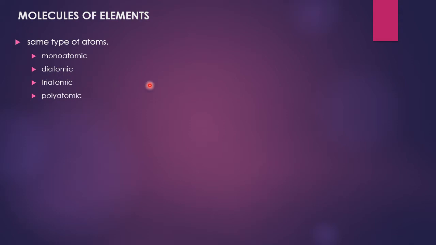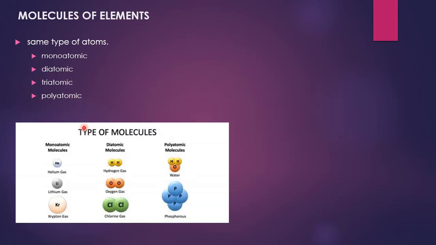And these types of substances are called monoatomic substances. And when the molecule of any substance is formed of two atoms, then it is diatomic. And when the molecule of any substance is formed by 3 atoms, that is triatomic, and in the same manner polyatomic.